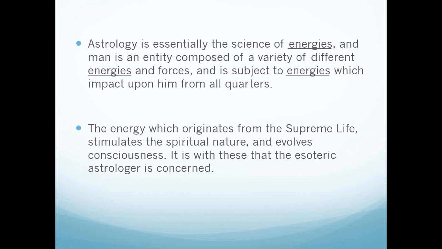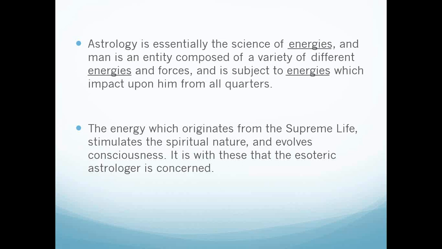So astrology essentially is the science of energies, and man is an entity composed of a variety of different energies and forces, and is subject to energies which impact upon him from all quarters. So we know how we affect each other just by the example I used earlier of when someone is angry, you feel that energy, right? When someone is happy, you feel that energy.